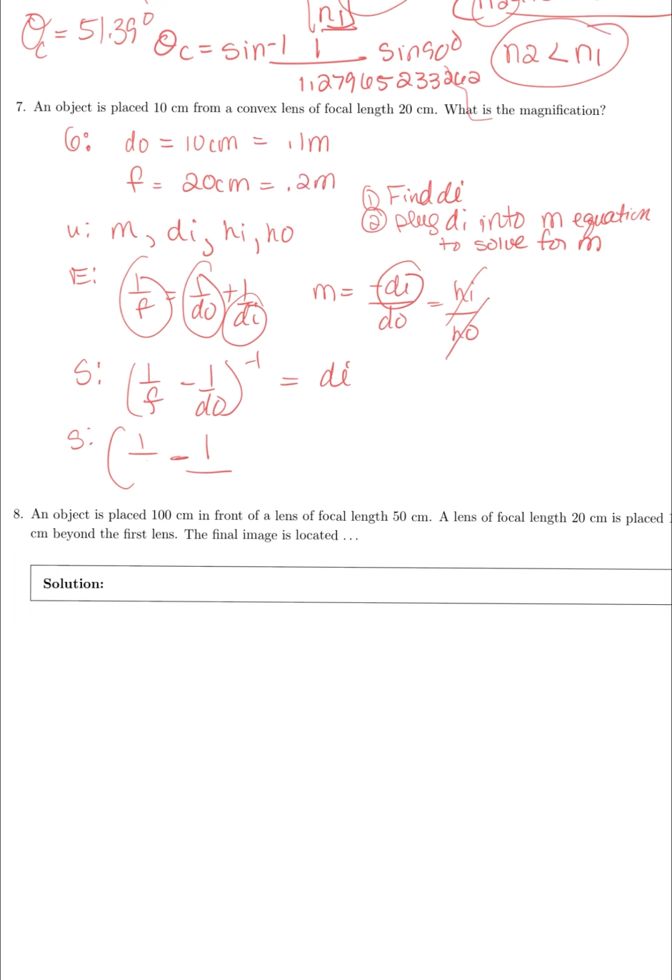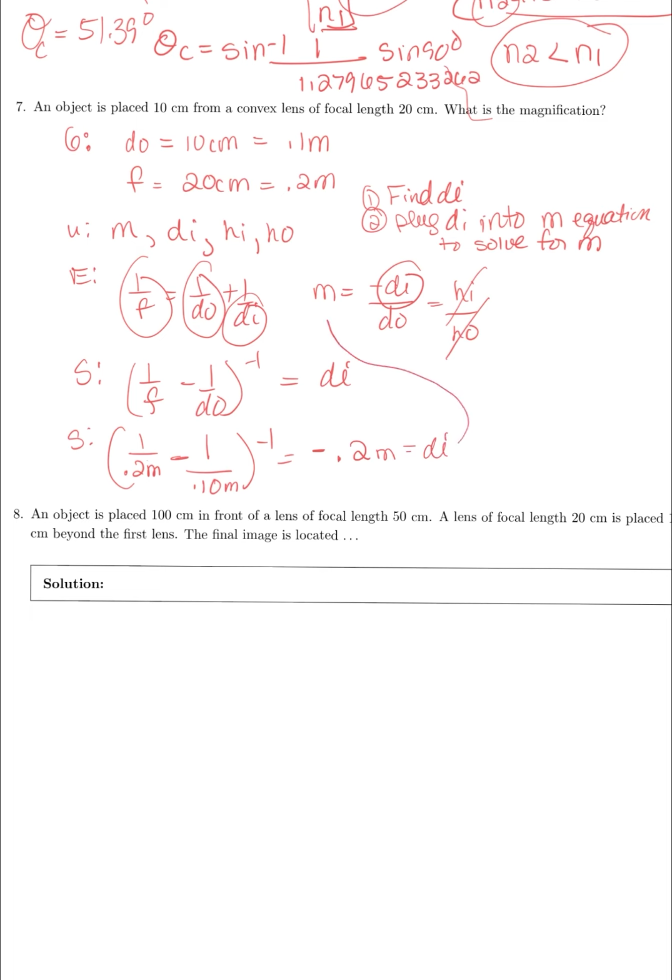You could actually probably leave these as centimeters if your teacher lets you. So 0.2 meters over 0.1 meters to the negative 1. Let's put that in our calculators. And I got that this was negative 0.2 meters, equals DI.